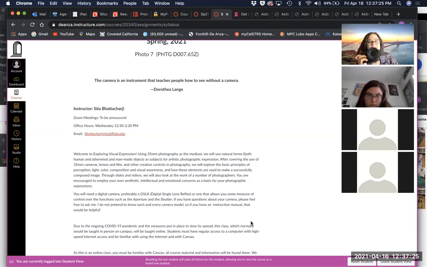Because it has one lens, but it was originally to distinguish it from cameras that did have two lenses. The reflex refers to a mirror that's built inside the body of the camera that allows us to see what will be recorded by the camera before we actually take the picture.